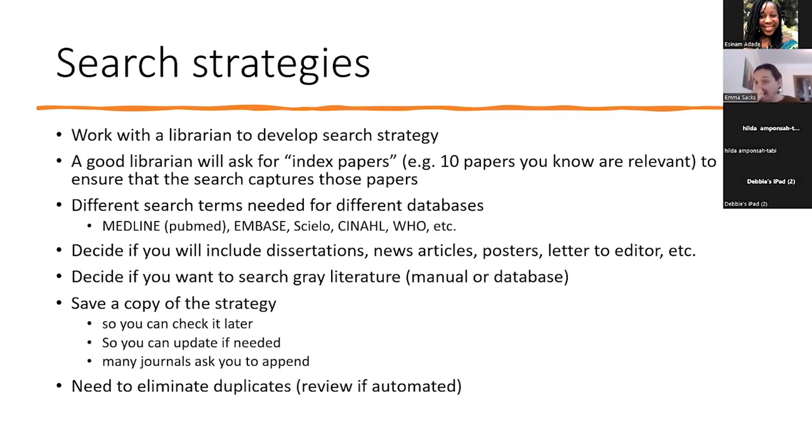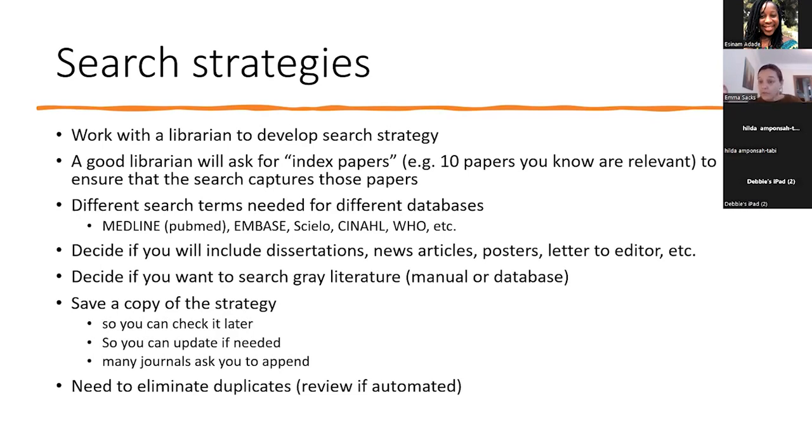So once you've done that search, you may have a huge number and you'll need to eliminate duplicates. Especially if you've used multiple databases, they're going to find a lot of the same papers. If you manually have included any additional papers, you'll need to check that those aren't duplicates of things you already have in your database. And often they are, because they're the papers that people know on that topic.